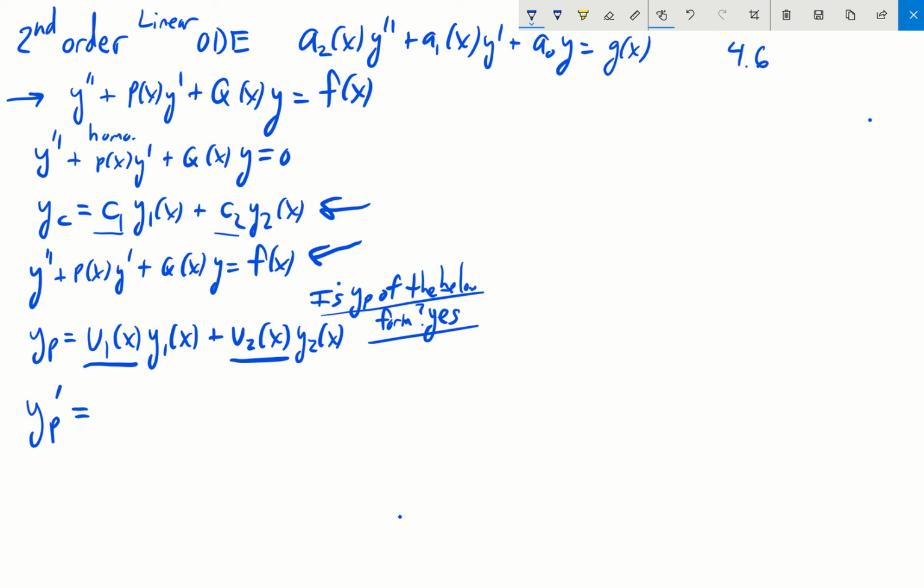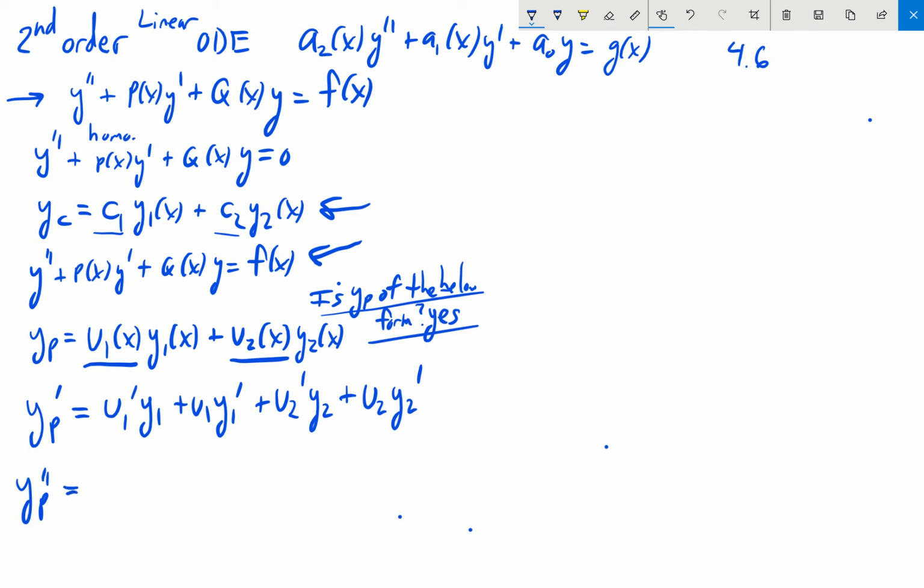When we do the first derivative, we need to use the product rule. It's going to be u1 prime y1 plus u1 y1 prime plus u2 prime y2 plus u2 y2 prime. So that would be our first derivative.